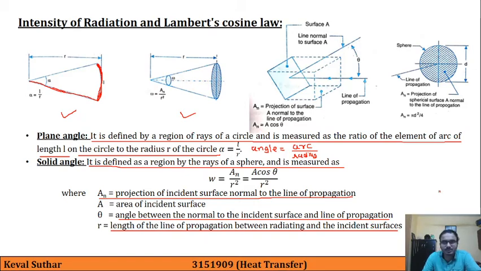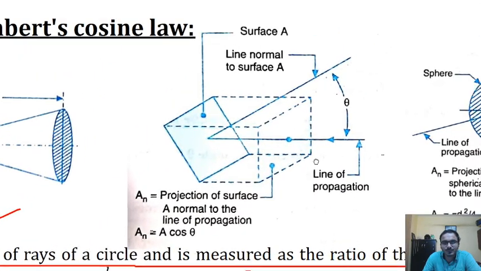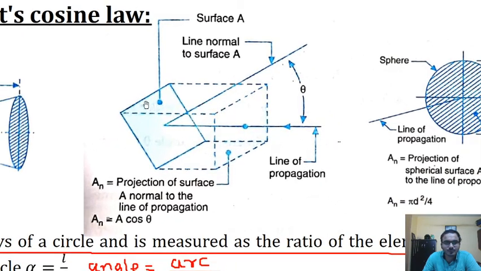So here the same can be seen in this figure. Here this is the surface A, capital A, and a line normal to the surface A is given by this. This line is the line normal to a surface A. This is the line of propagation that is striking this surface, and this region, this is the projection of surface normal to the line of propagation over here, so that the An will be equal to A cos theta.